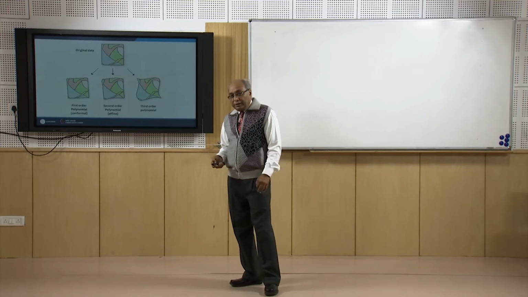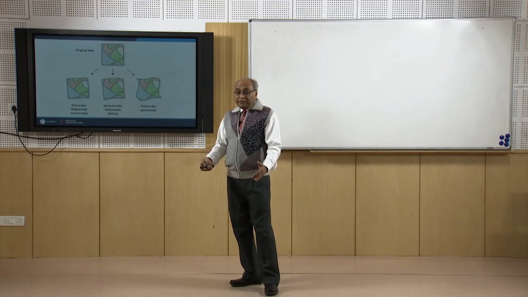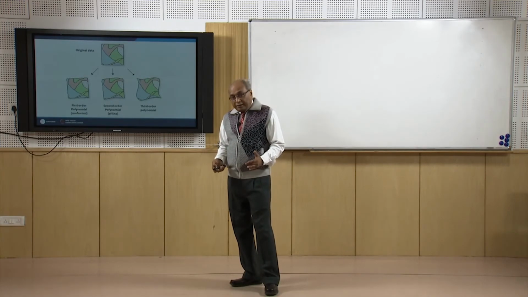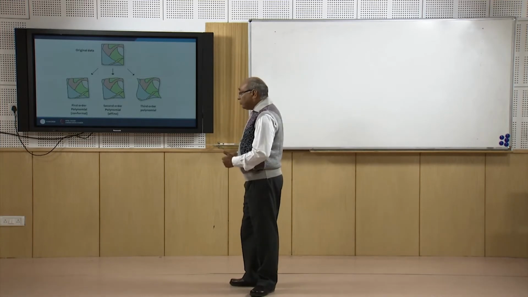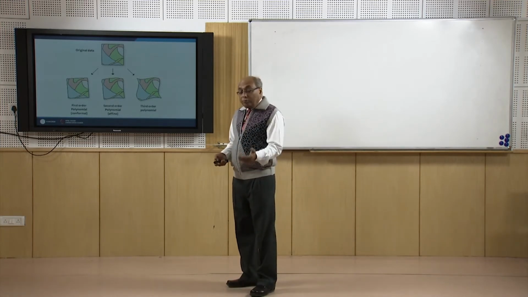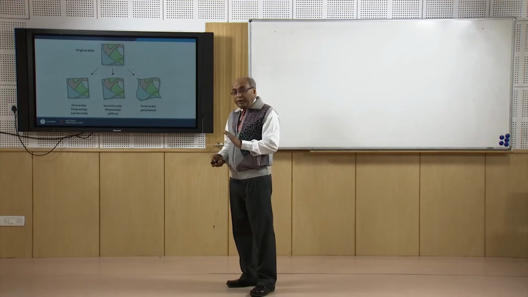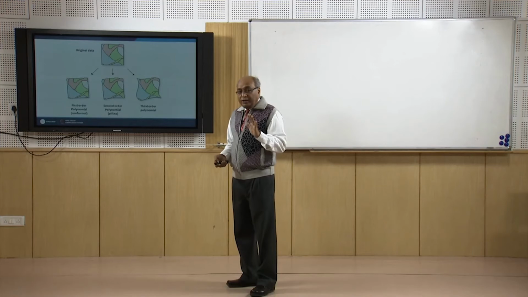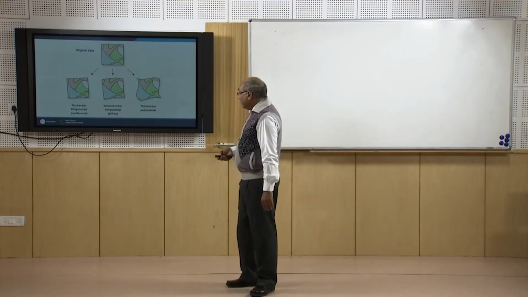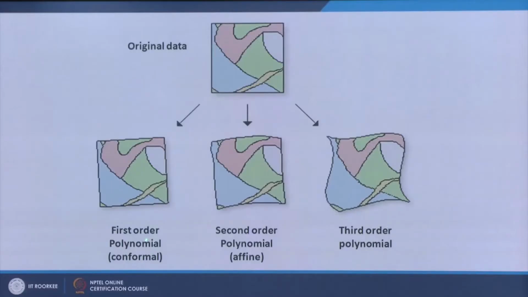But in the case of satellite images, this is not sufficient at all, because it involves not only a simple transformation from geometric to geographic domain, but might be a change in scale, might be rotation as well. So, if that kind of requirement is there, then the second order polynomial will be chosen, which is also called affine transformation.